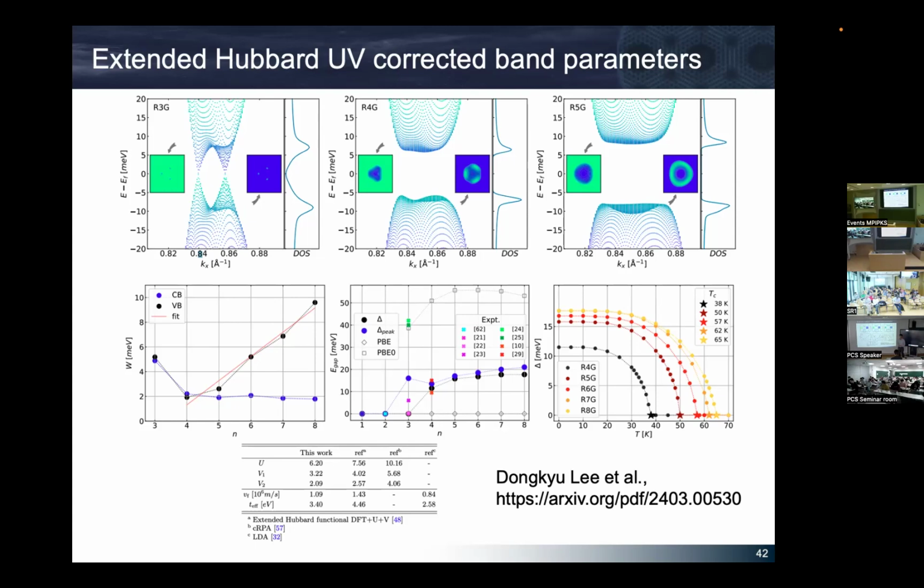That's a question that we need to try to answer. I don't know the right answer to that, we should ask the experimentalists. But 5 layers, 6 layers, at least on the calculation side, 6, 7, 8 layers are still good.